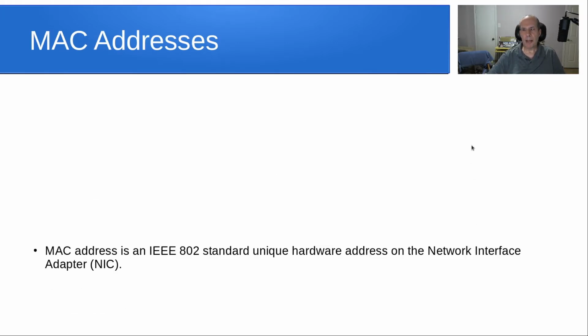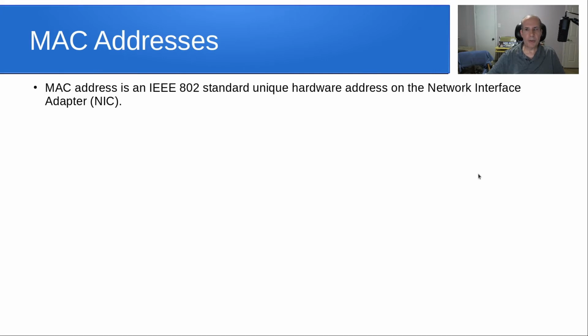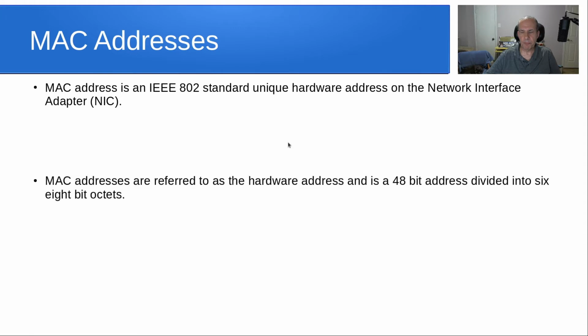Okay, what about MAC addresses? That is not the address on a Macintosh computer, by the way. A MAC address is an IEEE 802 standard unique hardware address on the network interface adapter. So any piece of hardware that you have, a smart speaker, a computer, a laptop, a phone, a tablet, anything has a hardware Ethernet adapter, be it wired or wireless, and every one of those has a MAC address on it.